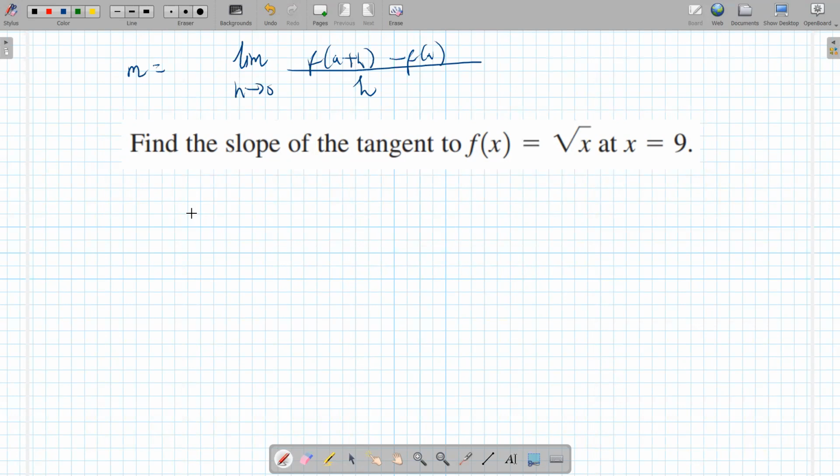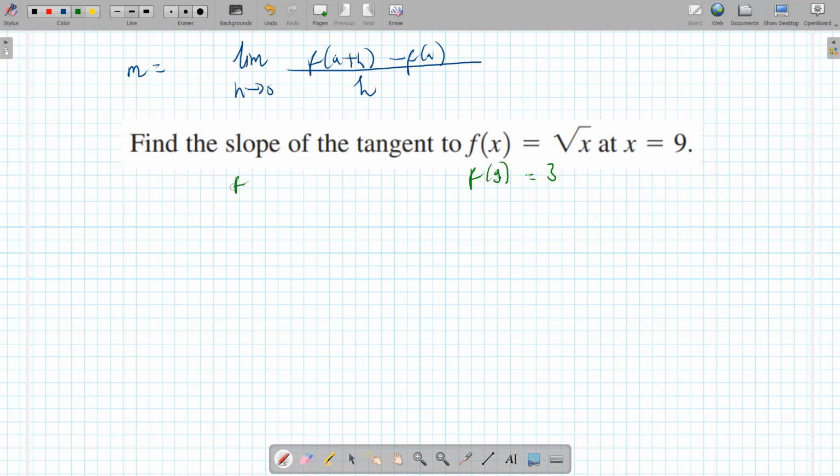It's 9. Correct. So then what's f of 9? Oh, that one's pretty simple. What's f of 9? It's 3. Yep.